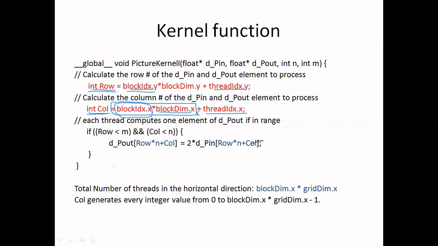Block dim dot x is the number of threads in the x dimension in each block. So blockDim.x into blockIdx.x will give you in which block it is, and in that particular block what is the thread index.